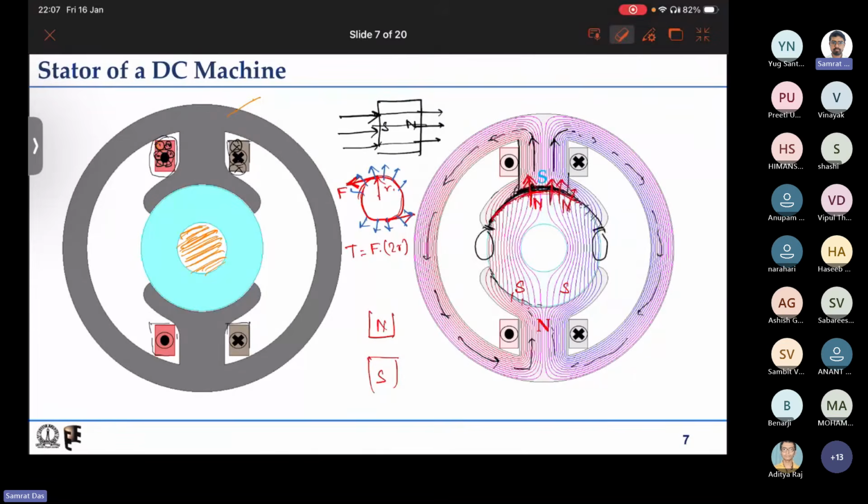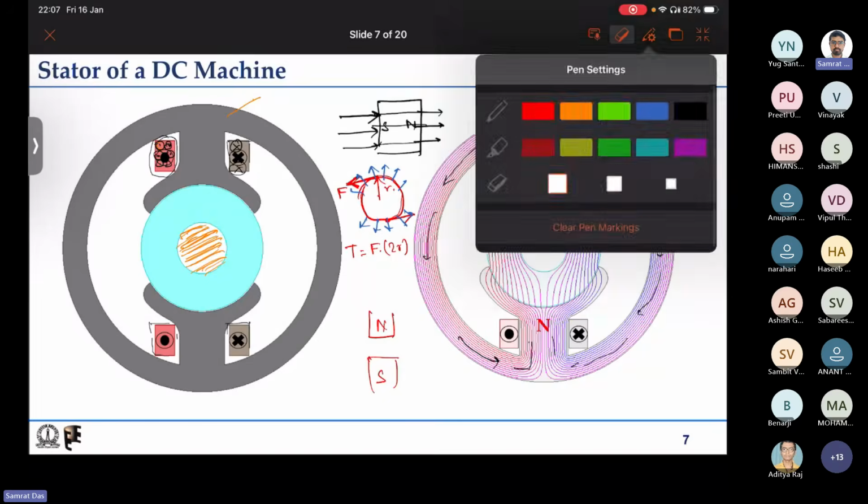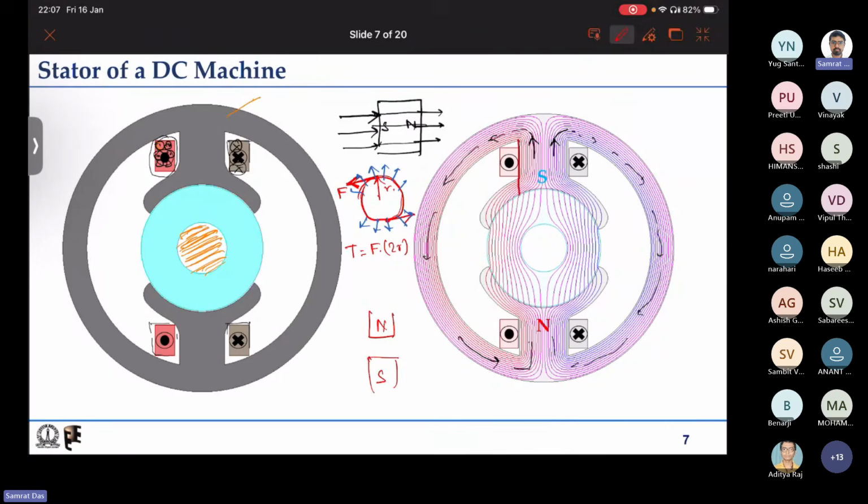Yes. So I'll just indicate that. Suppose we had our pole only up to this, right? Then if we have similar winding, we would have non-zero flux density only in this region. With black probably I'll show.